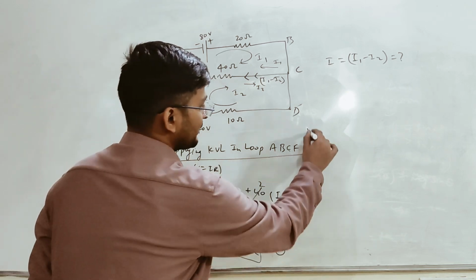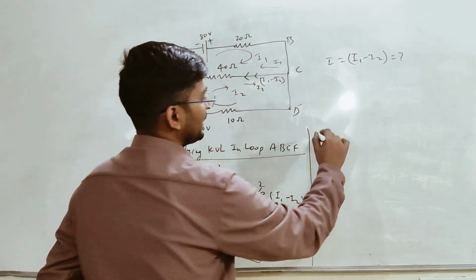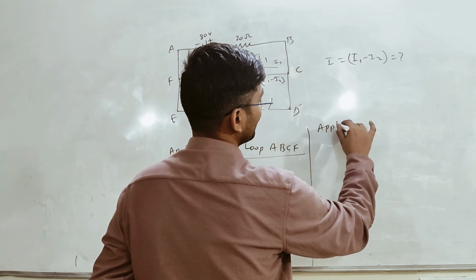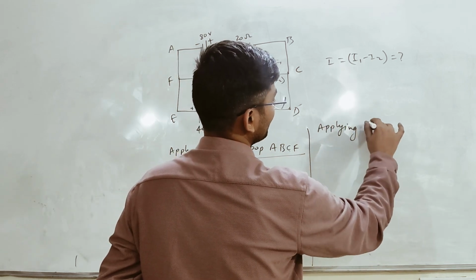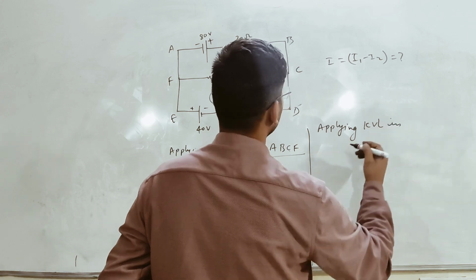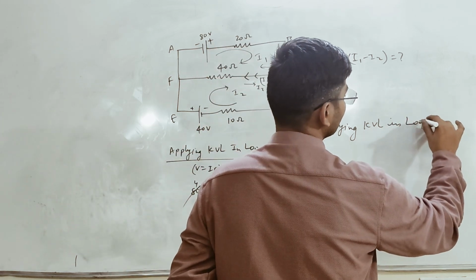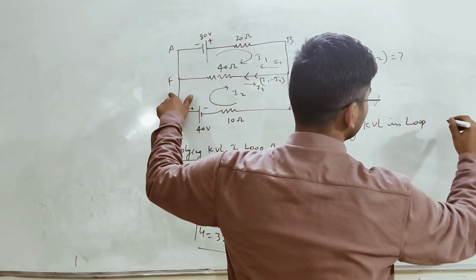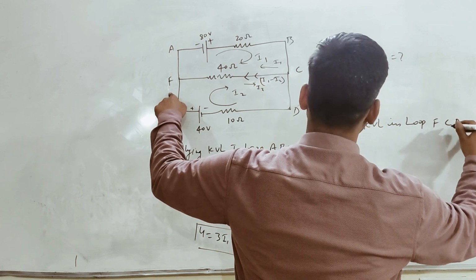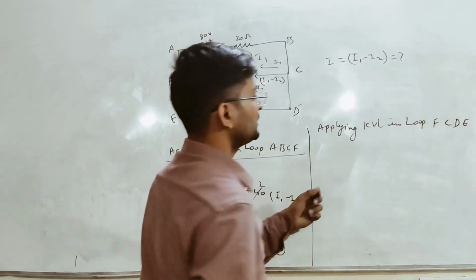Now, what about the second equation? The second equation is applying KVL in the loop F, C, D, and E. This is our second loop.